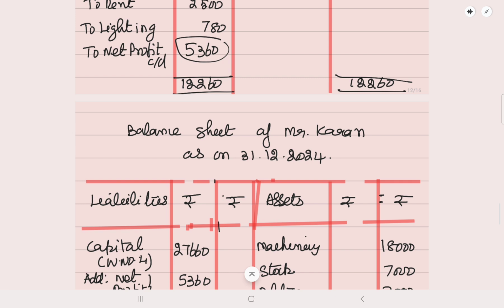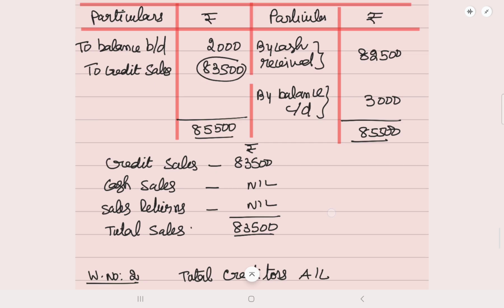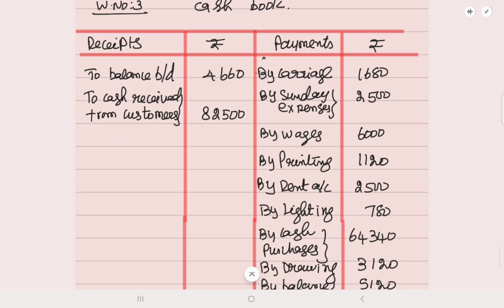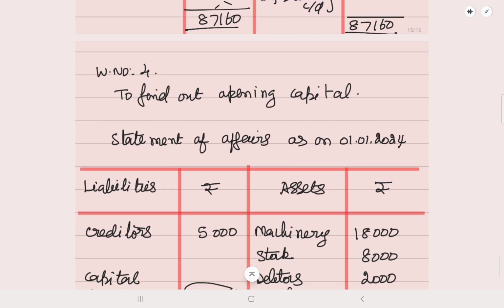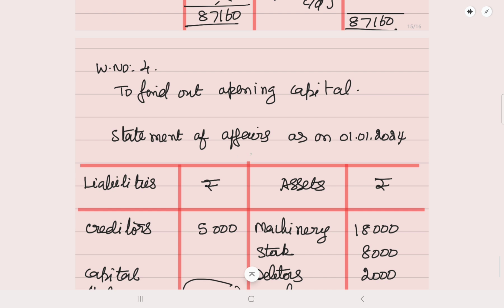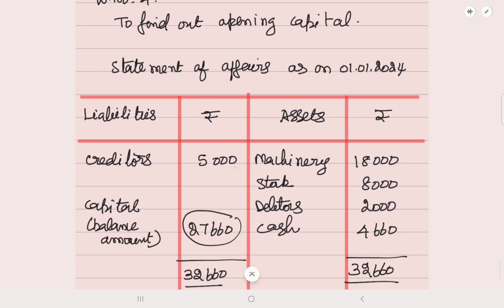So, now we have to prepare balance sheet of Mr. Karan as on 31/12/24. Capital in the beginning as per working note 4. Statement of affairs as on 1/1/24. Liabilities: creditor 5,000 is given. Assets: machinery 18,000, stock 8,000, debtors 2,000, cash 4,660.